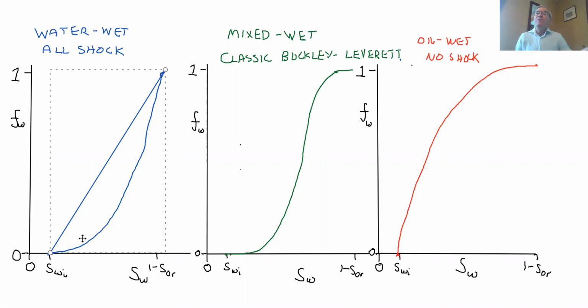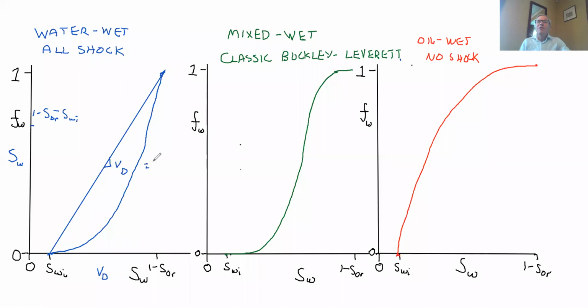Just all shock. And so now, if we were to look at the solution, so if instead on this axis I had saturation, and on this axis I had velocity, then what you would find is a solution where this is the maximum saturation, 1 minus SOR minus SWI. We have a shock that's moving at a speed which is the slope here. Well, it's 1 divided by the change in saturation.